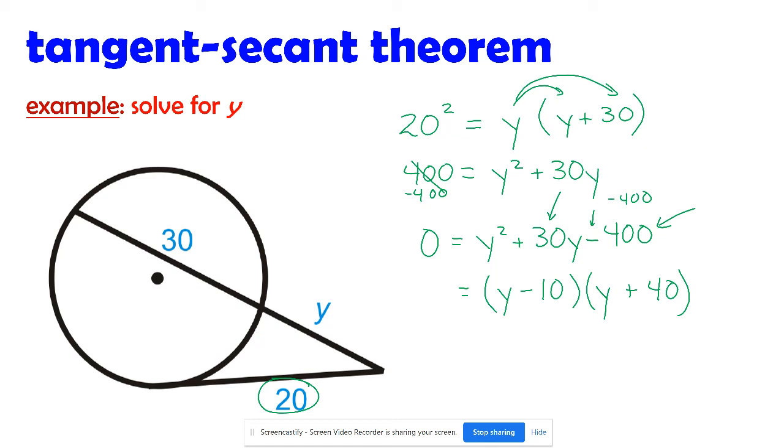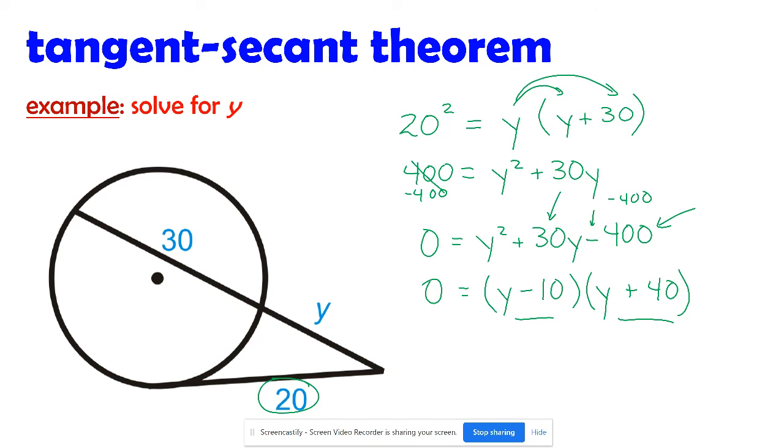All right, so now here's the other thing you want to do with the factoring. The reason we factored this is so that we can solve for y. When you have two factors that are equal to 0, you have two things being multiplied together and giving you 0. The only way that ever happens is if one of those things is 0.